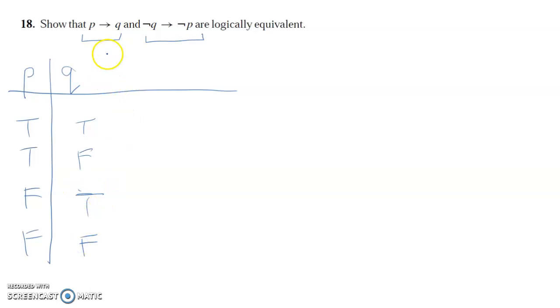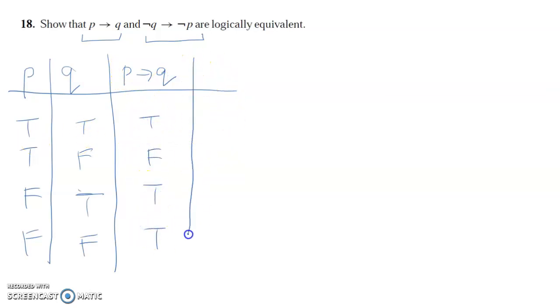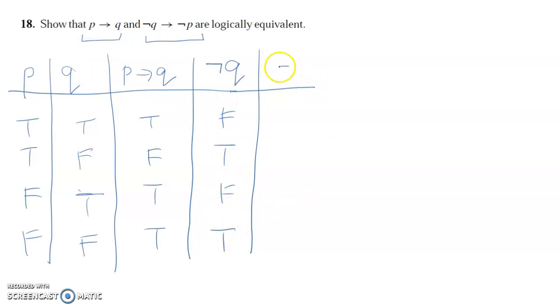I'm going to start with if P then Q, which would be true, false, true, true. Then I create the not Q column, which is just a negation of the second column, false, true, false, true. And not P is a negation of the first column.